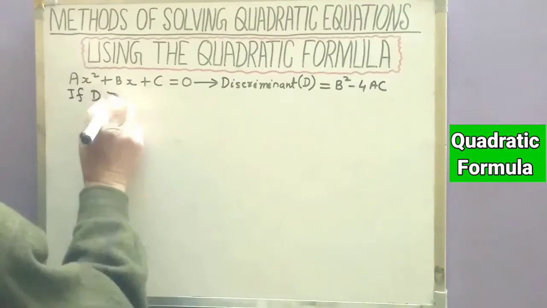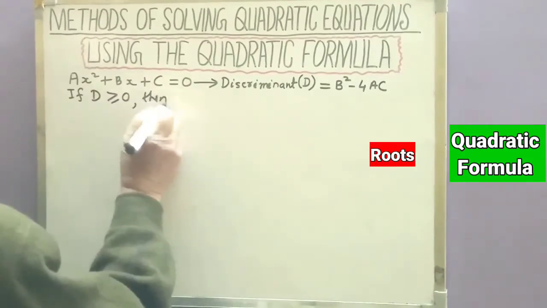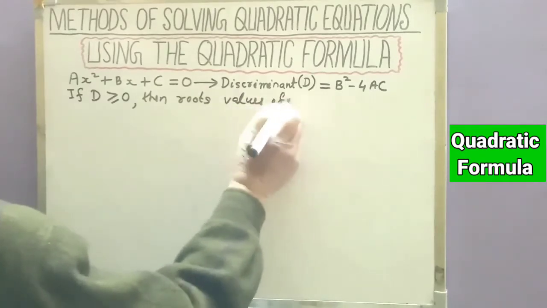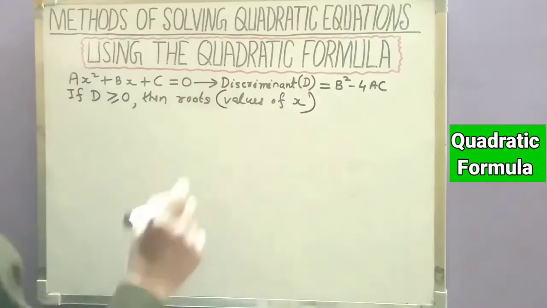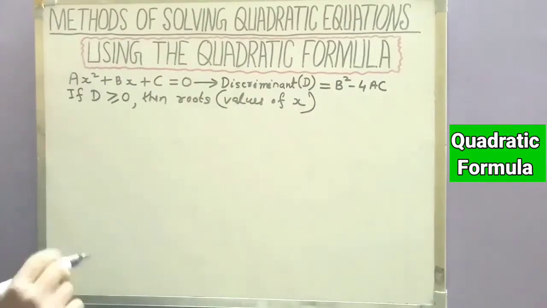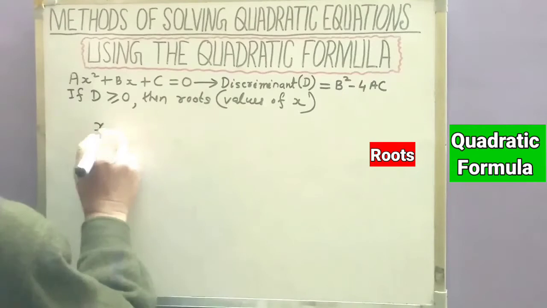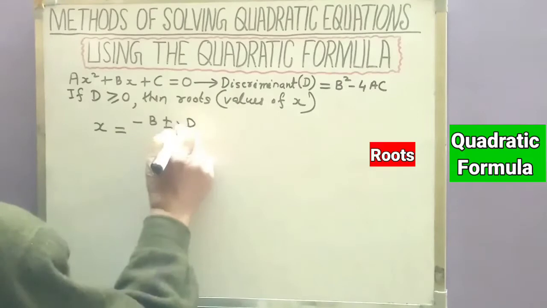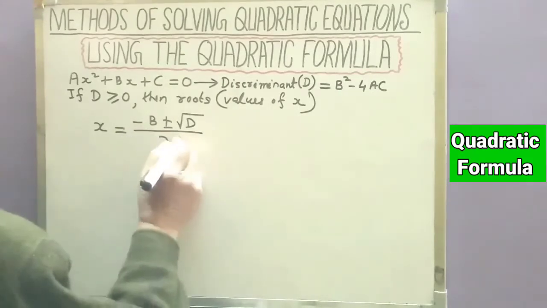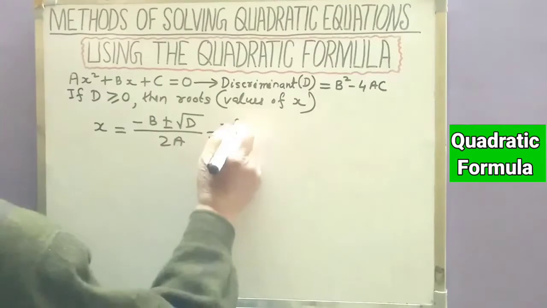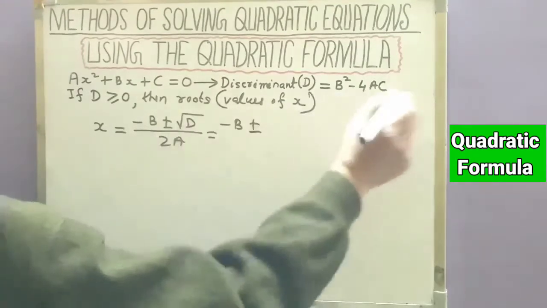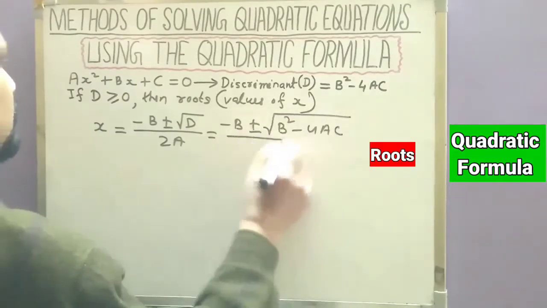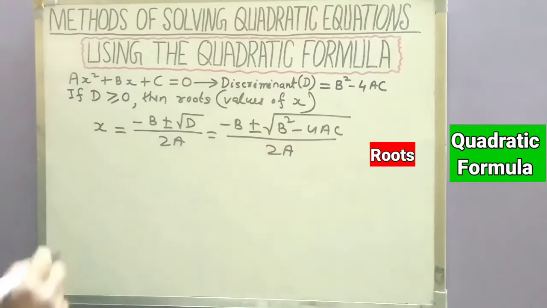If d is greater than or equal to 0, then the roots, that is the values of x of the quadratic equation, can be found out using the quadratic formula, that is x equal to minus b plus minus square root of d upon 2a, that equal to minus b plus minus square root of b square minus 4ac upon 2a.